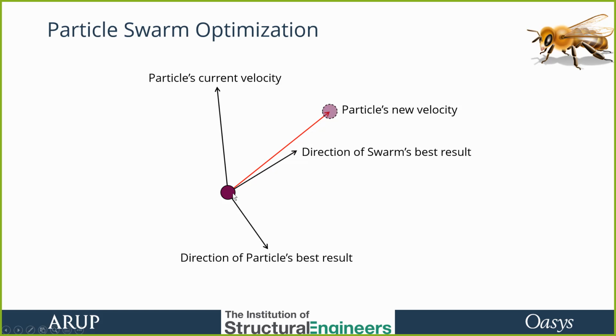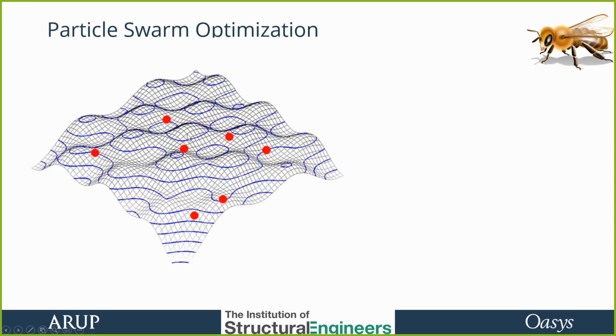It knows the best answer found overall, so it's a vector over there. We do a quick vector summation, maybe with some fiddle factors in there, which then gives us a new velocity, a new point to move to in the design space in the next step. And so in theory, all the points circle in and zoom in on the best answer.